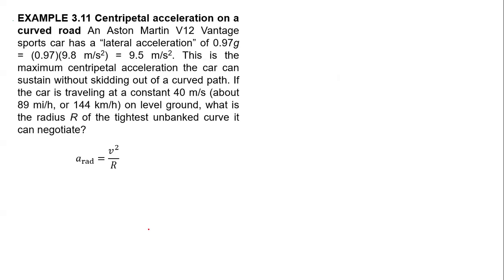If the car is traveling at a constant speed of 40 meters per second on level ground, what is the radius of the unbanked curve it can negotiate? Since you have this formula, you solve for r. So r is equal to v squared, the speed, over the radial centripetal acceleration. So your radius is 186 meters.